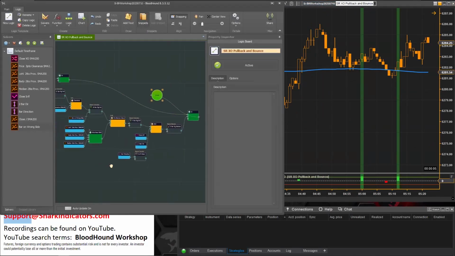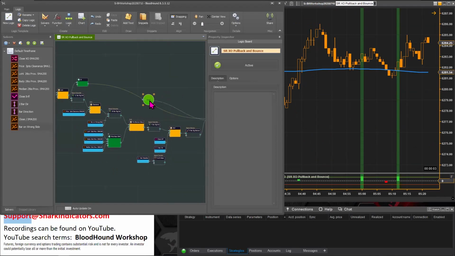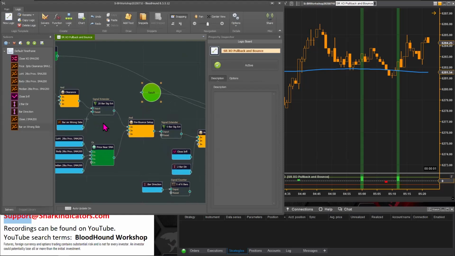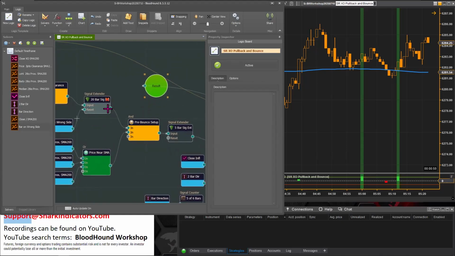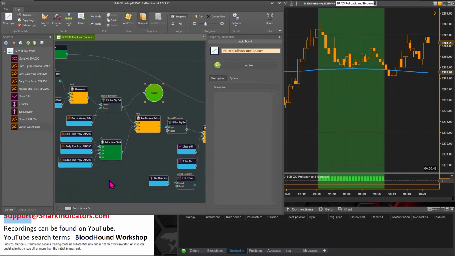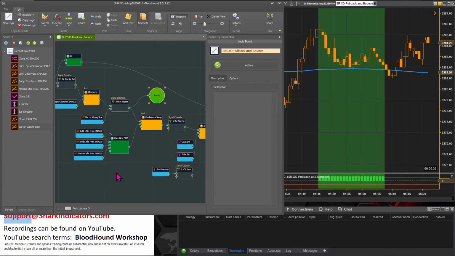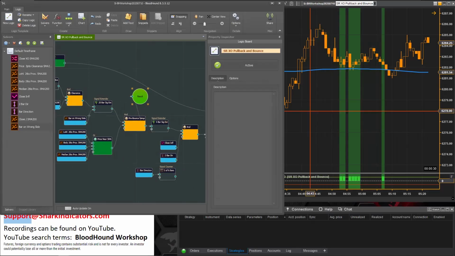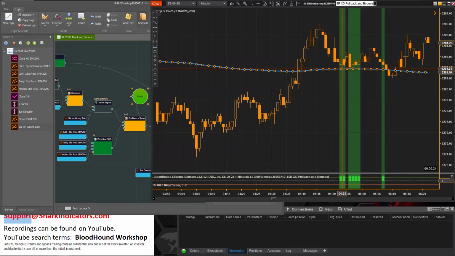All right, let's take a step back here and go back to our 20 bar extension. The bars get close enough to our SMA for that bounce.